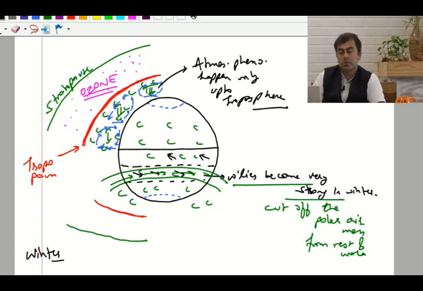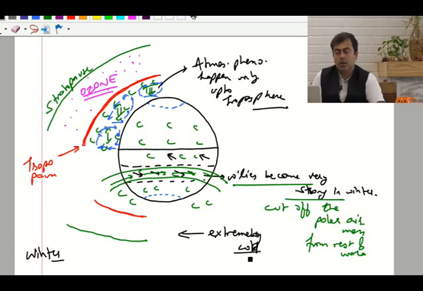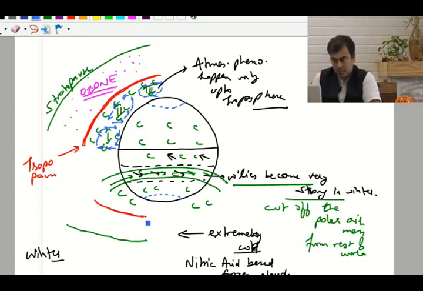But I want to tell you, in the polar areas, this area becomes extremely cold. Extremely cold. And nitric acid based frozen clouds are created on the poles.